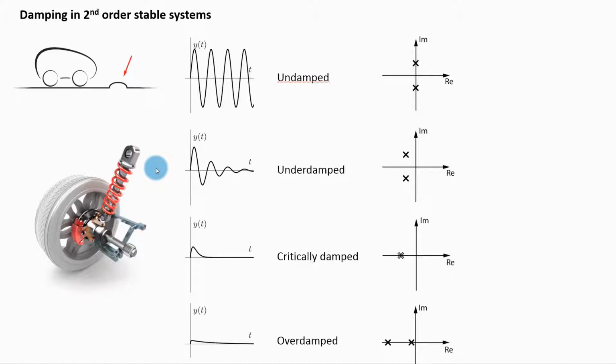So when you add a damper into your car suspension, the energy of the compressed spring will dissipate into the damper and the wheel will not start to jump up and down. Instead, it will just return to the original position in a slower manner. Thus, you can turn your underdamped response to an overdamped or critically damped response.